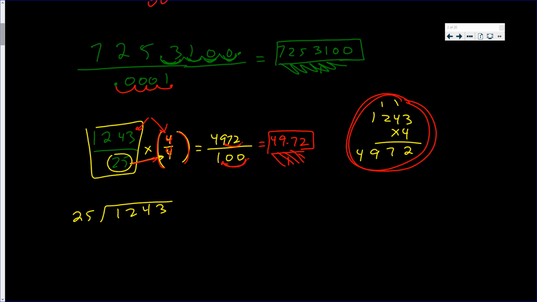Okay, this is painful. 25 into 124, it goes 4 times. Take away 100, have 24 left over. Bring this 3 down. This goes in 9 times. That's 225. That leaves 18 left over. Bring up a decimal.